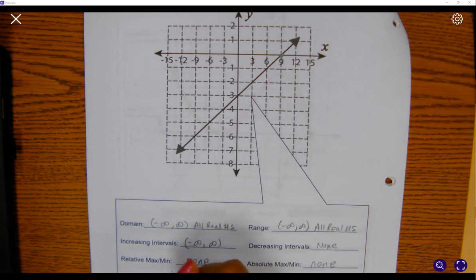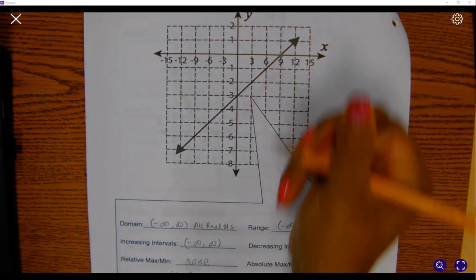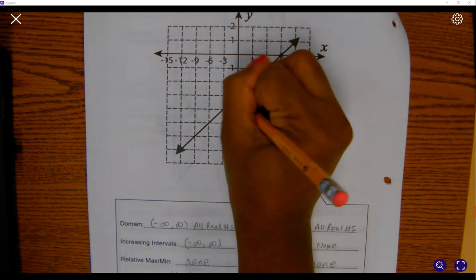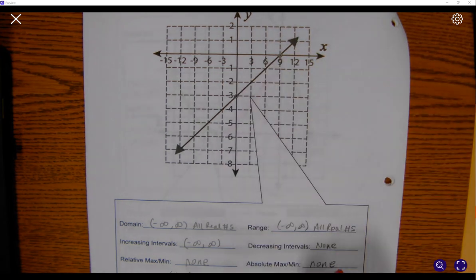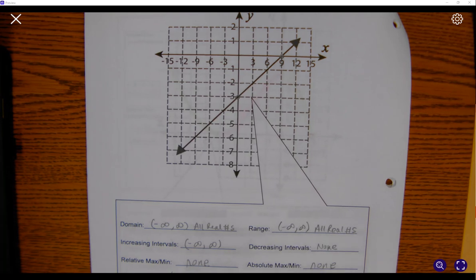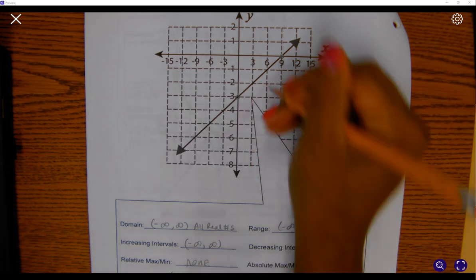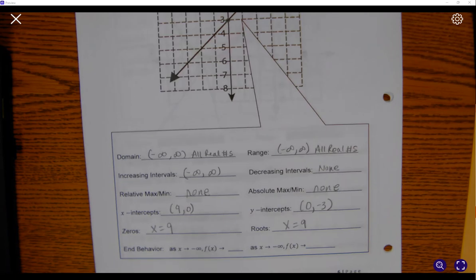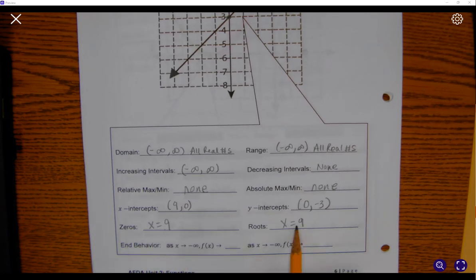X-intercepts, there is an x-intercept right here at 9, so to write that you would say 9, 0, y is always 0, and then there's a y-intercept right here at -3, so you would say 0, -3. Zeros of a function are just your x-intercept, but we just say x equal to, so x equal to 9, same thing here. X equal to 9.